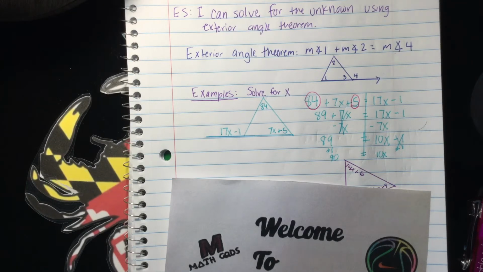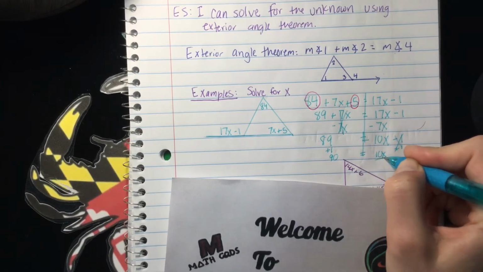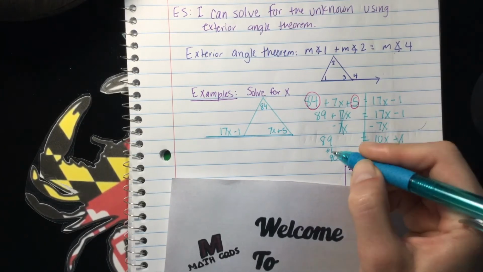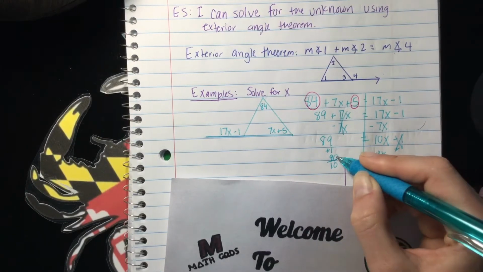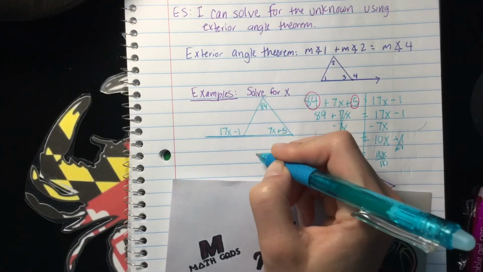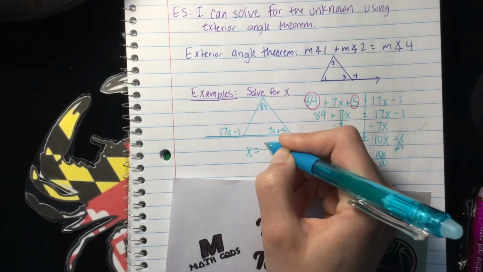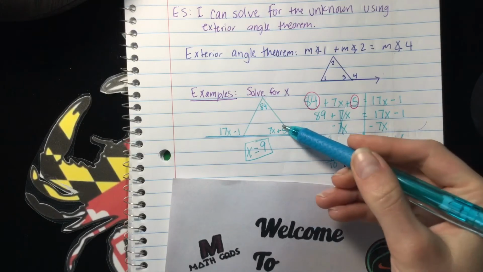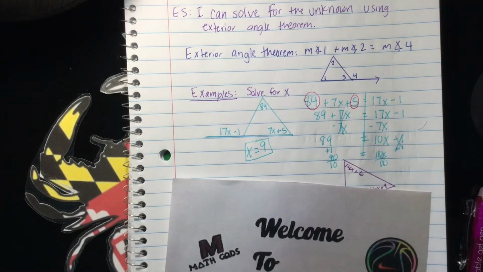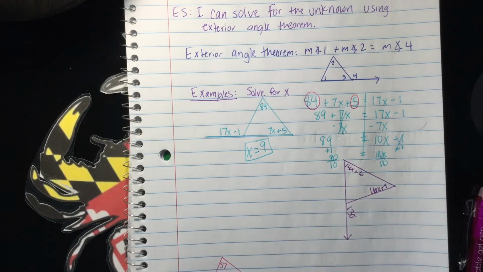The opposite of that is division. So we divide by 10. Whatever we do on one side, we also do to the other. So we have 90 divided by 10. And I'll just put it over here, x equals 9. And then from there, you can find what the degrees are for each angle, but we're going to do that a little later. Let's move down to the next one.